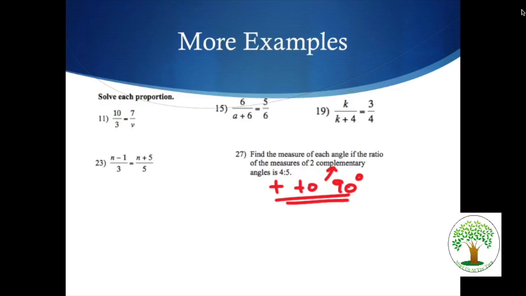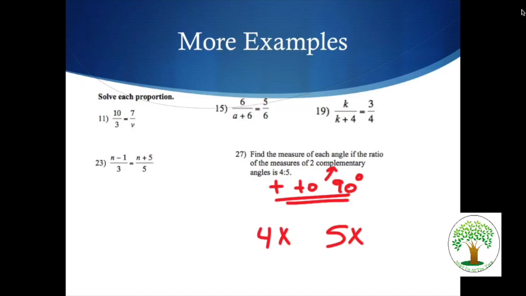What adds up to 90? Each angle? Each of the angles, that's right, and there are 2 of them, and they are in the ratio of 4 to 5. That means I have 4 times something, that's x, for one of them, and 5 times that same x for the other one.